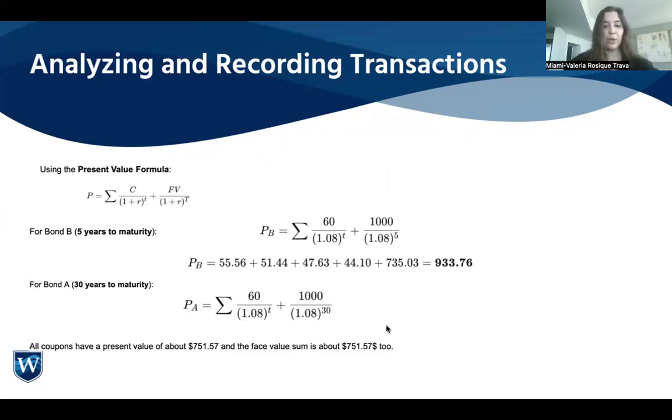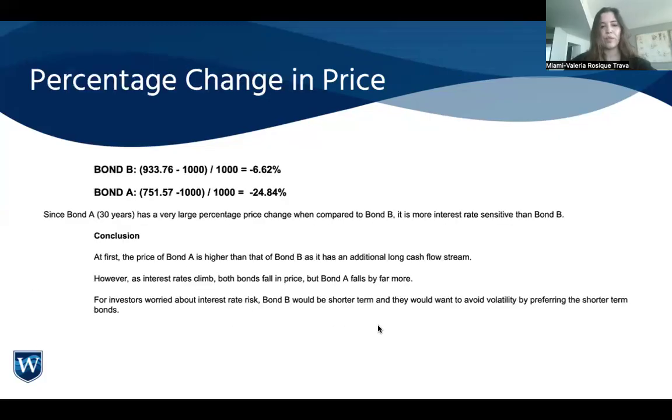The present value of all coupons is about 751.57, and the face value sum is about 751.57 too. So here, what is the percentage change in price? We have shown bond B is minus 6.62% and bond A is minus 24.84%.